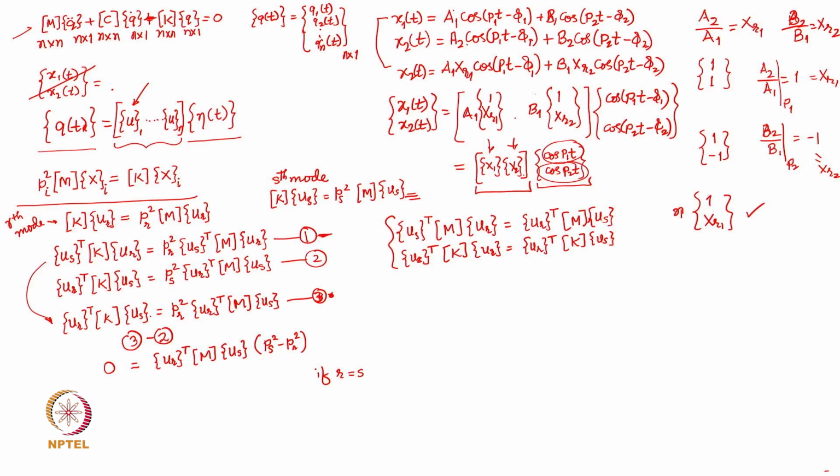So, when R is equal to S, UR transpose M US is not equal to 0, because this bracket is 0, and I can write that quantity as MR. Now, what is MR?